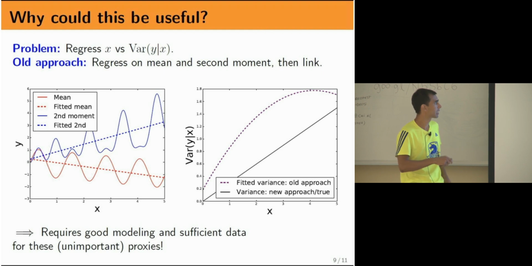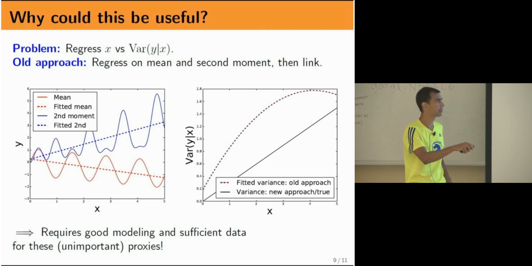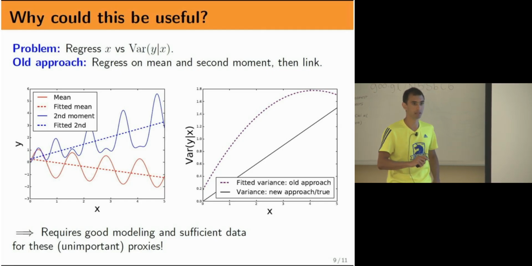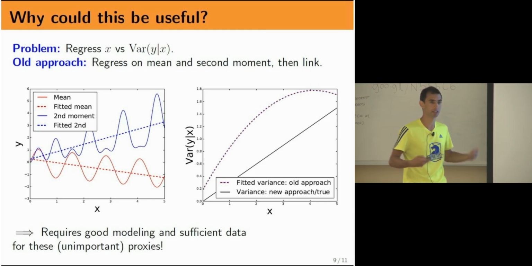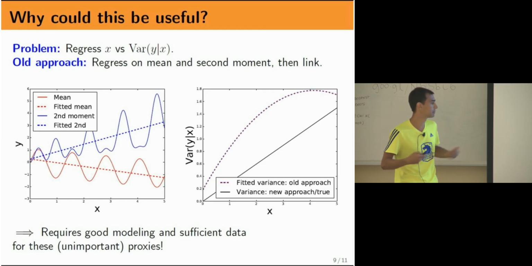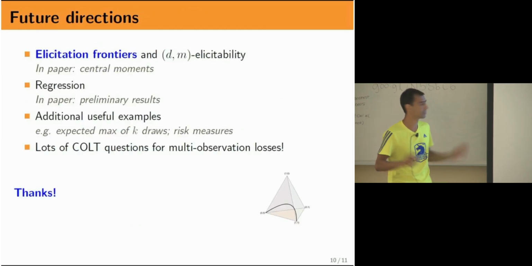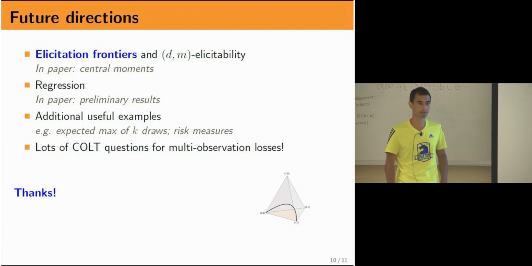But if the mean and second moment follow very complex functions of x, then this regression could be really bad. And so the thing that you're computing for the variance could be really, really bad. But if you could somehow regress directly on the variance, then you could fit this simple relation of the variance versus x. But to do that, we know you need multiple observation loss functions. You can't regress directly on the variance in the traditional single observation paradigm. Okay, so that's it, and thanks very much.